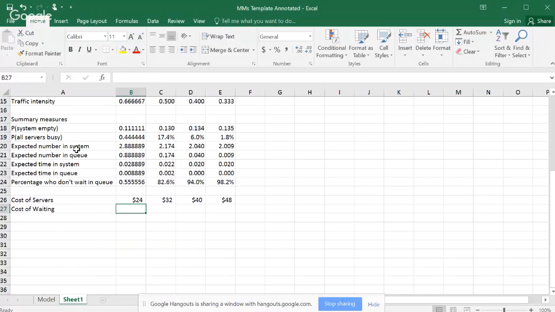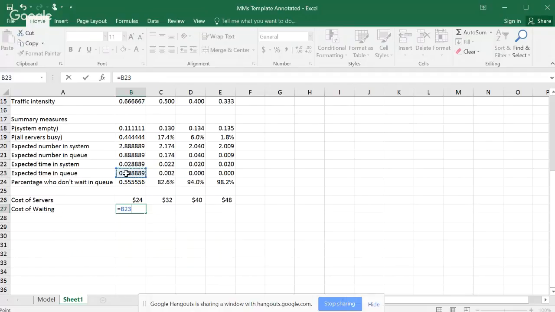So the cost of waiting in this case is going to be done based on the time in the queue, not the entire system. All right. So the expected time in queue, but remember, that's only the expected time for one person, okay?